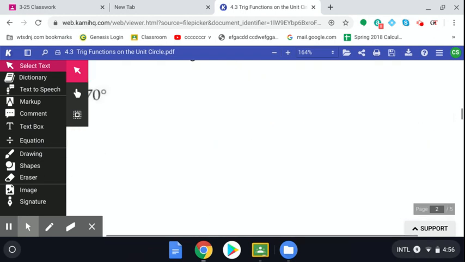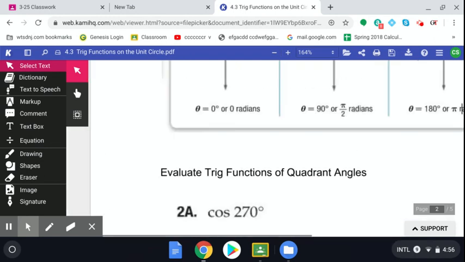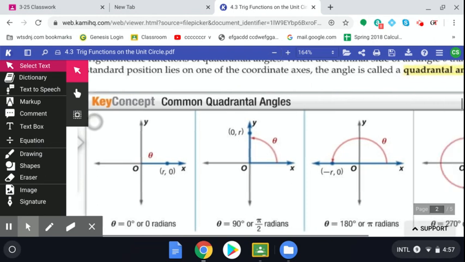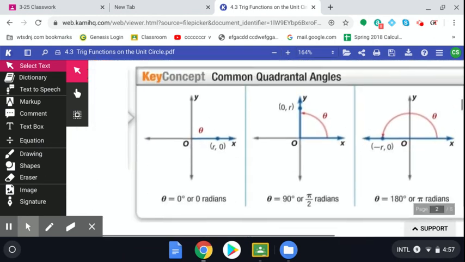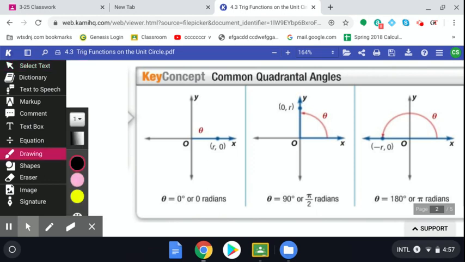So to determine that, what I usually do, I think that's the easiest way, is this point right here.